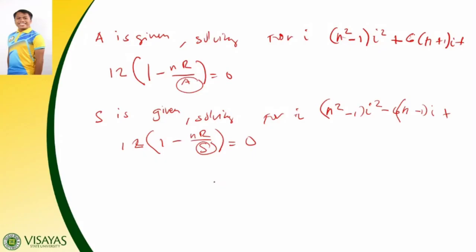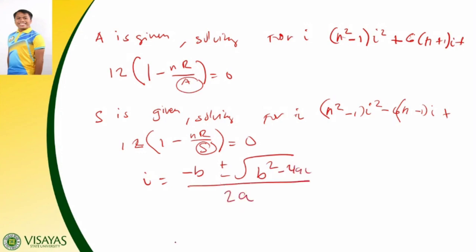So these equations are not quadratic in form, and the use of the quadratic formula to solve for I leads us to I equals negative b, if you can still recall the quadratic formula, plus minus the square root of b squared minus 4ac over 2a.